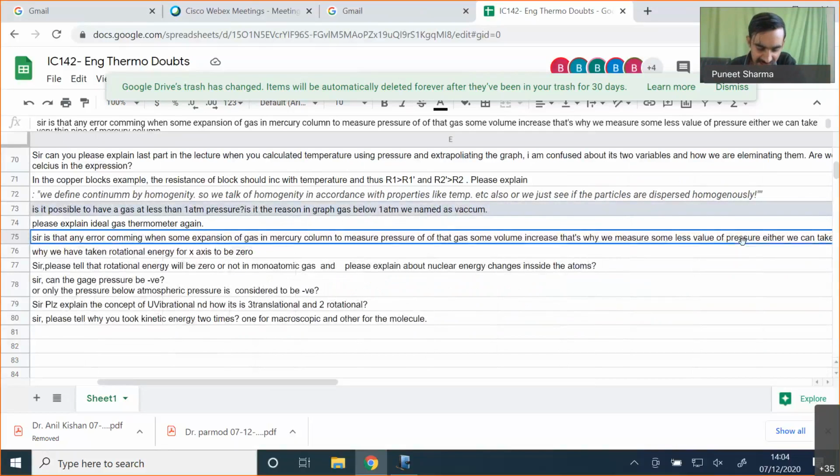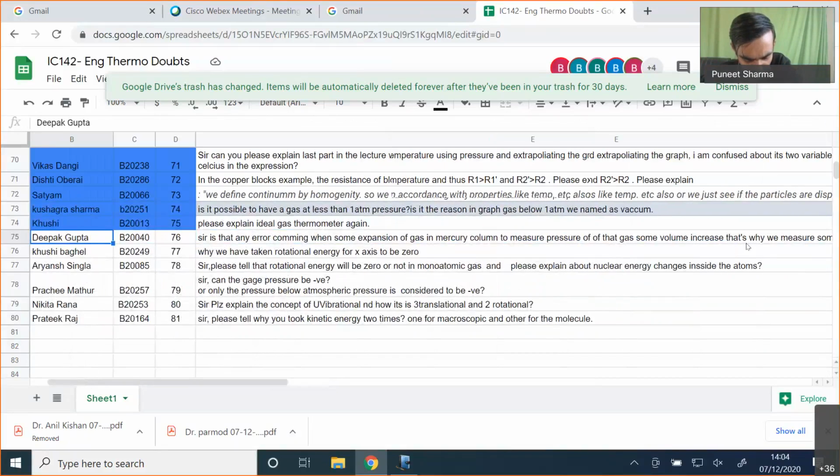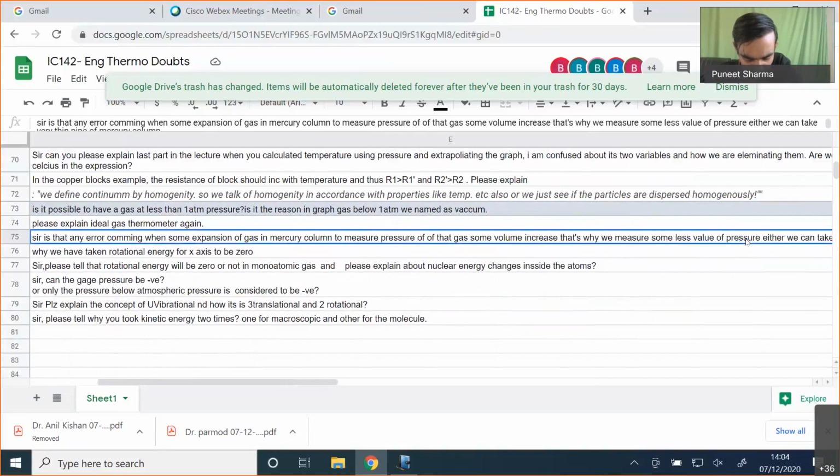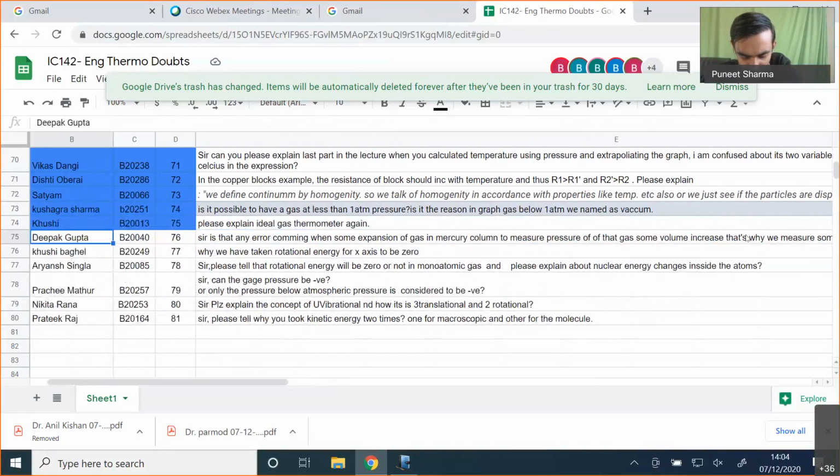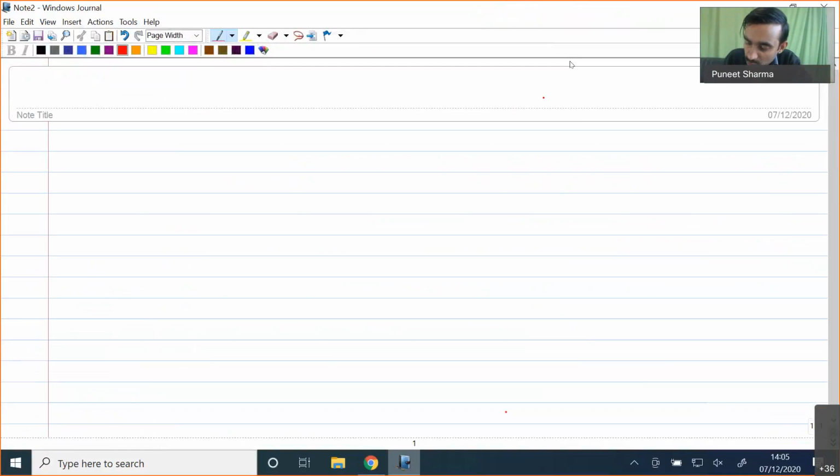I think this question is related to the mercury in glass type thermometer. In a mercury in glass thermometer, we do not have any relation with the ideal gas equation, so change in volume will not cause any error. Let me once again explain the concept of the mercury in glass thermometer.